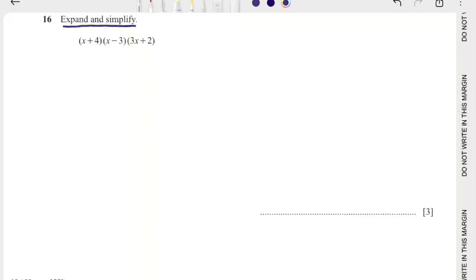In this question, you can multiply x plus 4 with x minus 3, or x minus 3 with 3x plus 2. So I'll multiply x minus 3 with 3x plus 2.